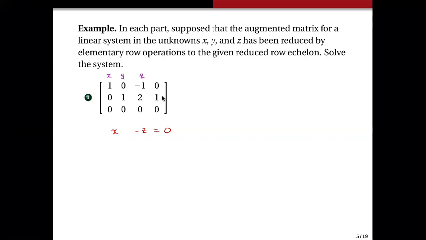For the second row here, x is 0, you have y plus 2z equals 1. And then the third row, it's a 0 row. So it's just 0 equals 0. So we can throw that, but for emphasis, I'll just write 0 equals 0. So 0x plus 0y plus 0z is equal to 0.